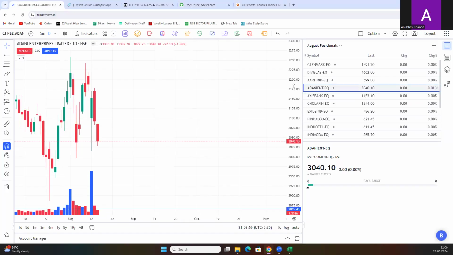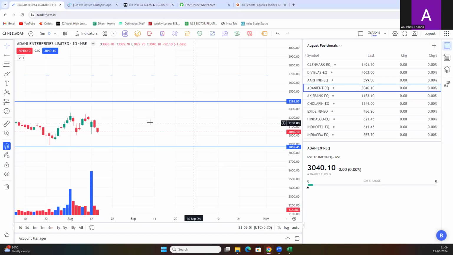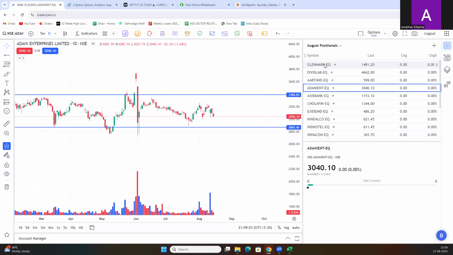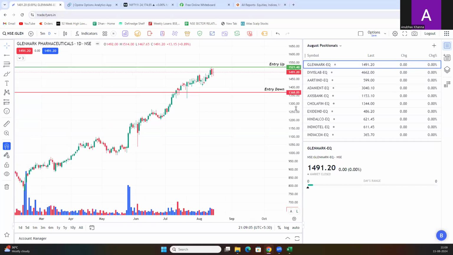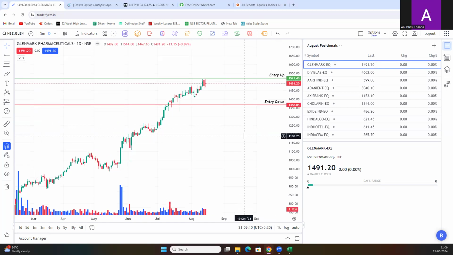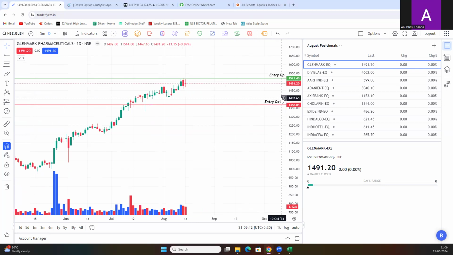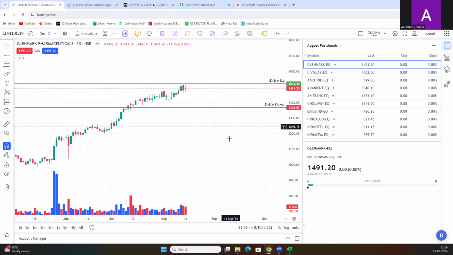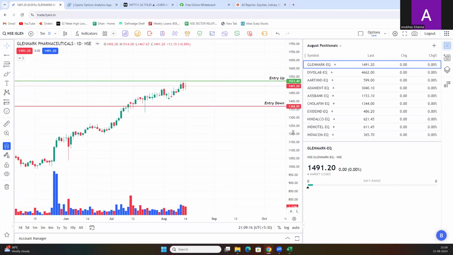Today we will understand the entry for monthly stocks, right? How we can enter in them with defined risk. If we are doing it in F&O, there can be multiple strategies, but we will discuss either futures or spreads.